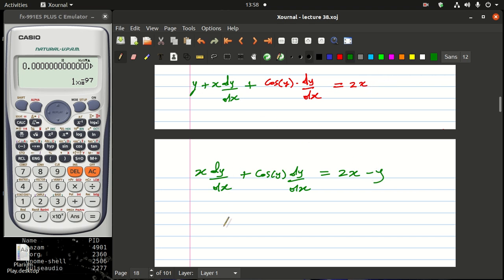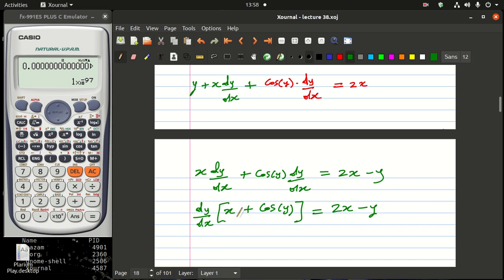I'm going to factor out dy dx here. I will end up having dy dx, and then once I take it out, I'll be left with x plus cosine of y, and on the right hand side I still have 2x minus y.